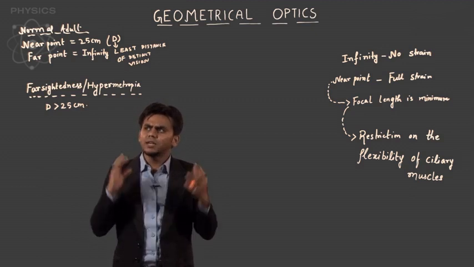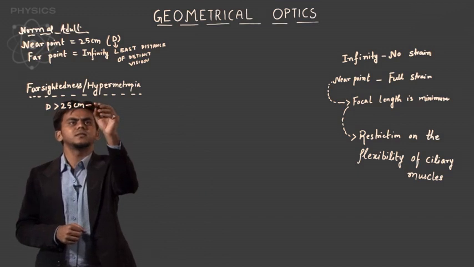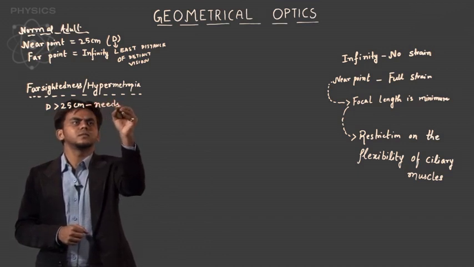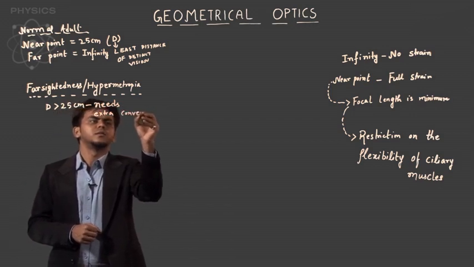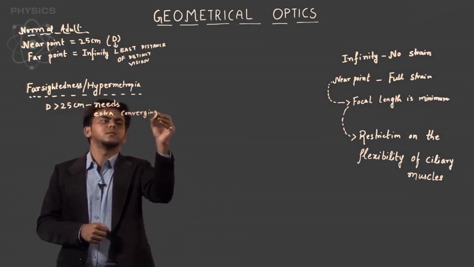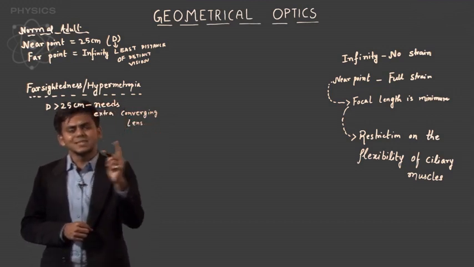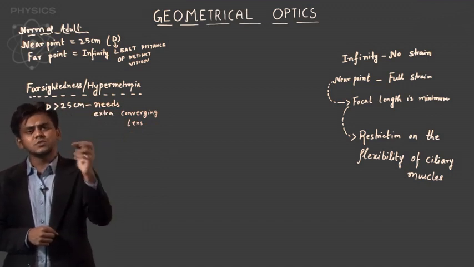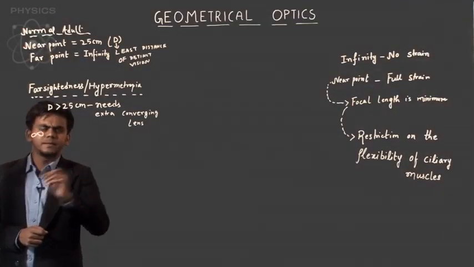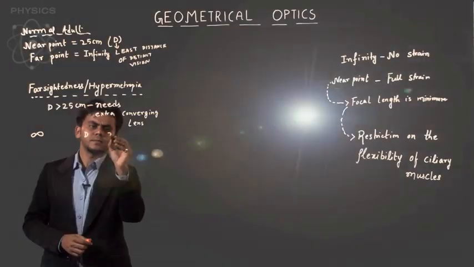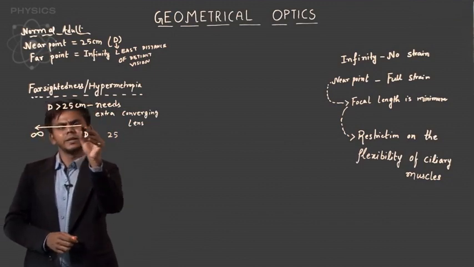So I give extra converging power to the eye. It needs extra converging lens, right? And that converging lens shifts all the images which are from the D. See, this is your infinity, this is your D. I can only see between this.